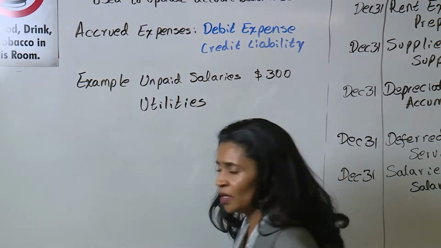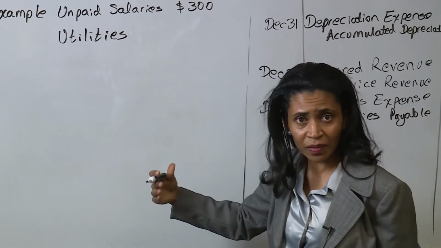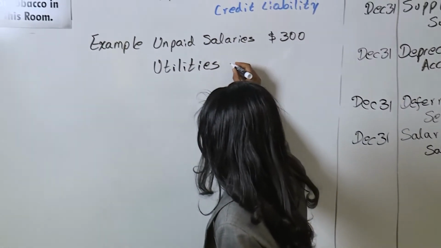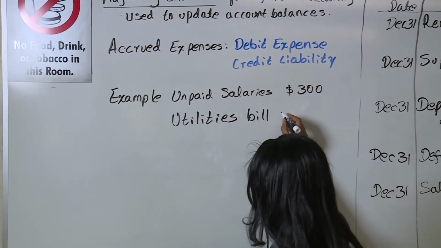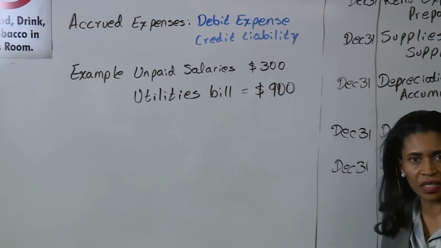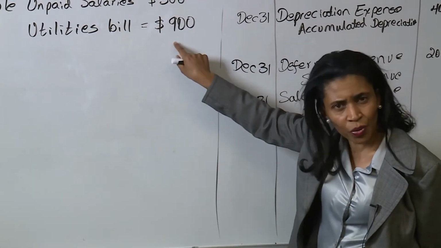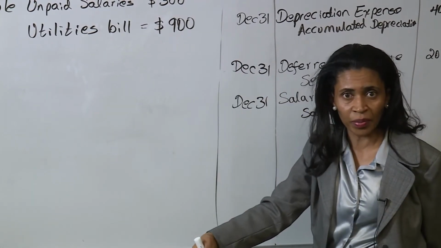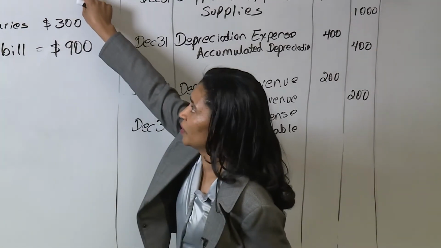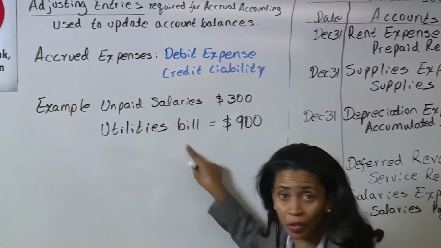Utilities, maybe we received a bill, but we are not paying between now and December 31st or during this year. So utilities, for example, if we receive a utilities bill for $900, we can't just keep that bill and pretend nothing happened, because this is our expense. So we want to include that during December when we report on December 31st. So we will do it the same way, debit an expense account, credit a liability, but this time, rather than salary, it's going to be utilities.